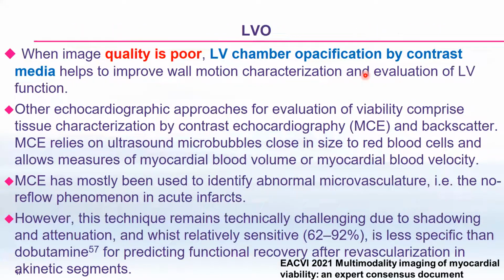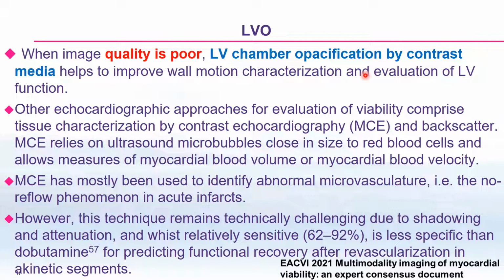You know that there is a significant amount of patients, 10 to 15 to 20%, where the image quality is indeed poor, very poor, either due to obesity or lung disease, or sometimes it happens in some very thin patients because the intercostal spaces are different and we cannot really get a good image.